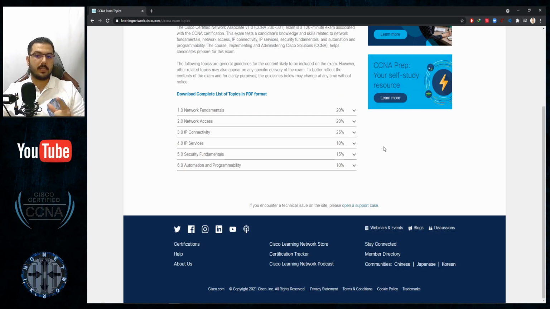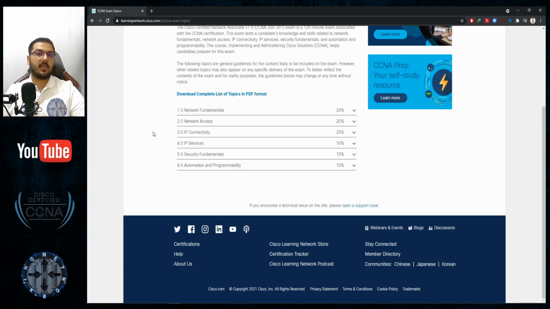So the point is, in this new CCNA that was published to replace the old CCNA routing and switching, I have network, IP, so classics, routing and switching. I have security, I have automation and programmability, and I have some Wi-Fi or WLAN topics.